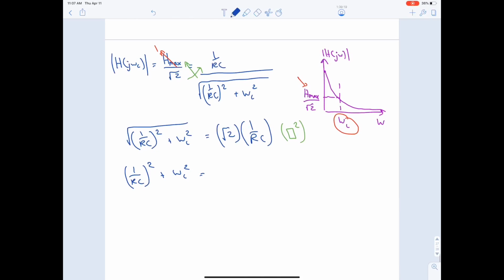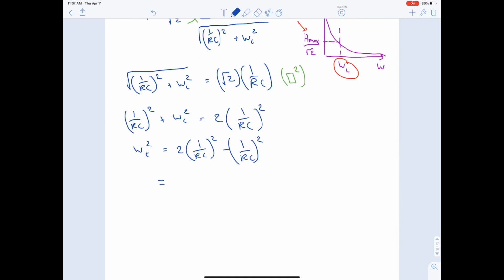Squaring both sides will result in the following: 1 over RC squared plus omega C squared is equal to 2 times 1 over RC squared. Okay, making omega C the subject of the formula will result in omega C squared equals 2 over RC squared minus 1 over RC squared, which is equal to 1 over RC squared.